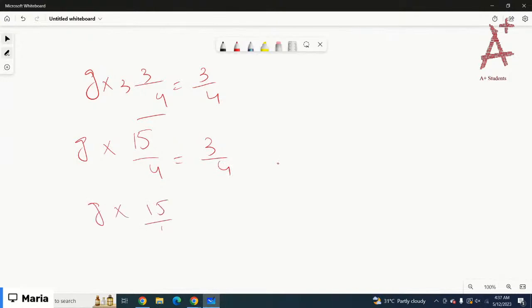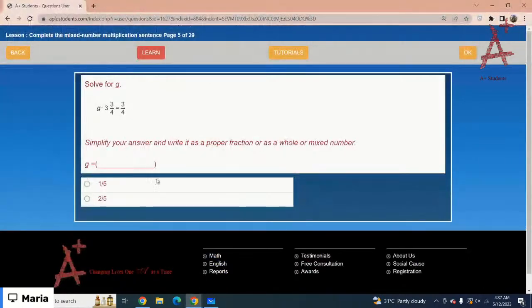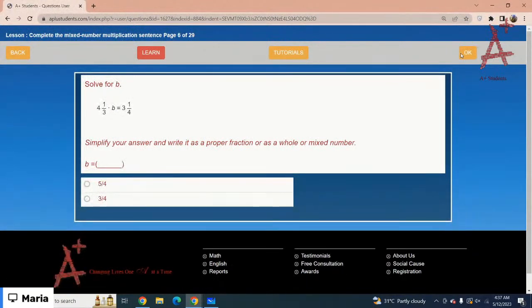Let's just divide both sides by 15 by 4. When you divide them, it makes 1. 4 and 4 cancel out. 3 times 1 is 3 and 3 times 5 is 15. It would be 1 over 5. Okay, you can complete the test by yourself later today.